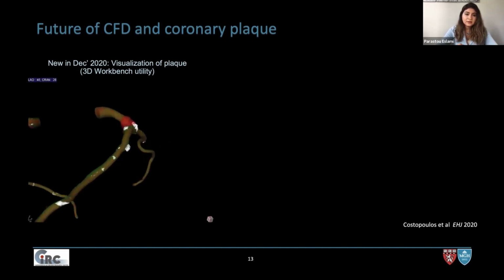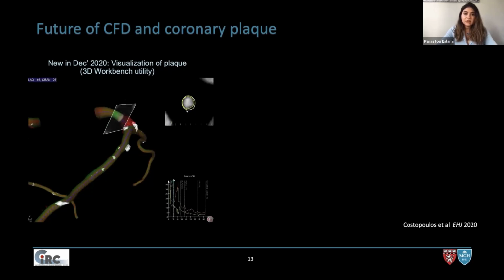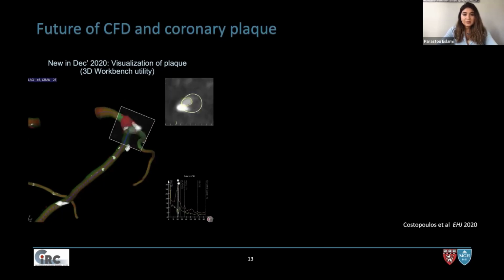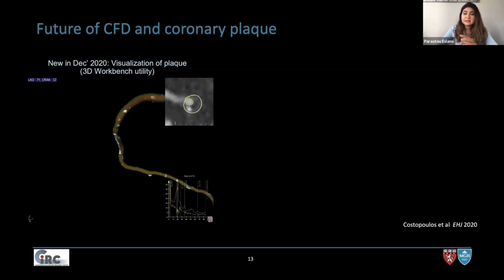This is one of the best and newest advances of the coronary plaque visualization through the 3D workbench at Medis, that you can see that you can clearly have the plaque information, and we can really use this towards our advantage and map the shear stress, for example, or FFR onto this 3D display of coronary plaque, and easily find the correlation between them, as I mentioned, which is very important because that's the next step to compare with the invasive modalities.